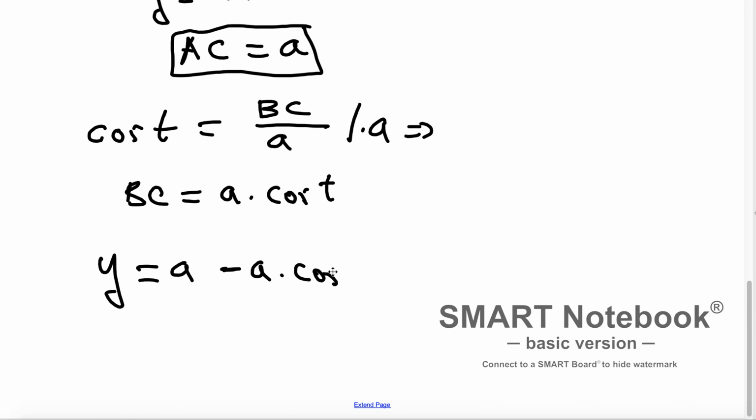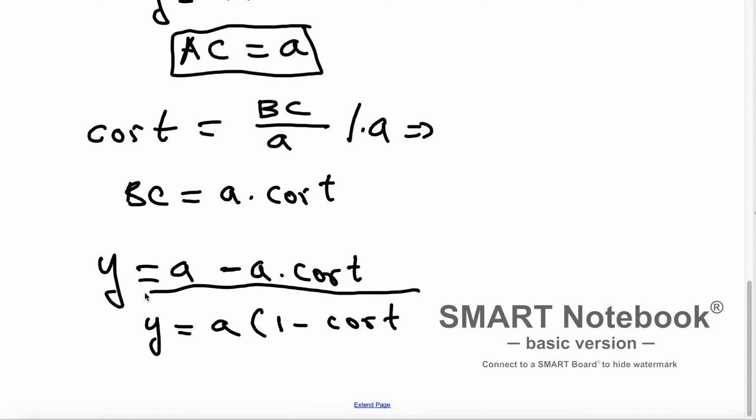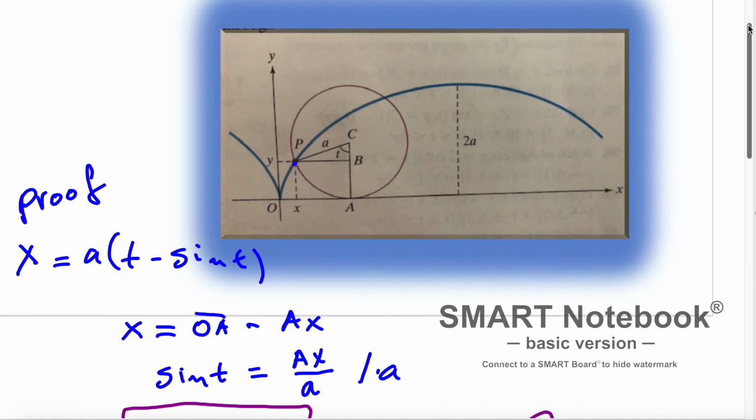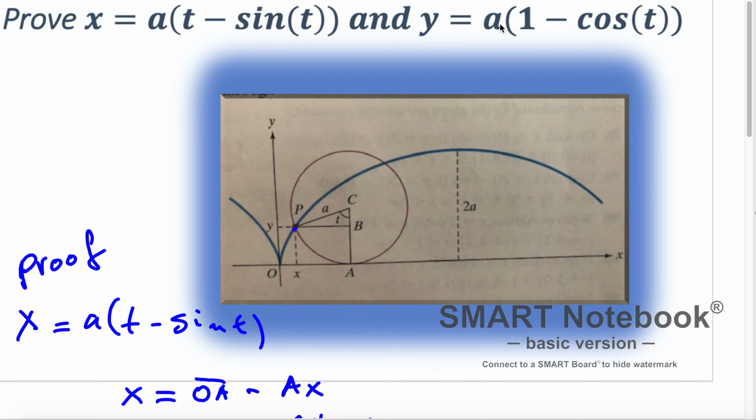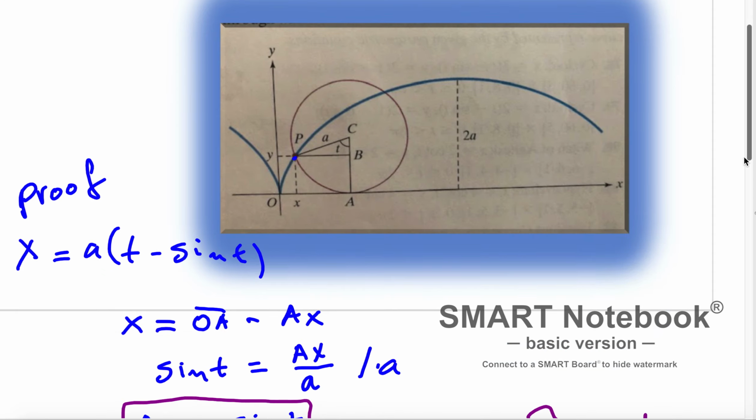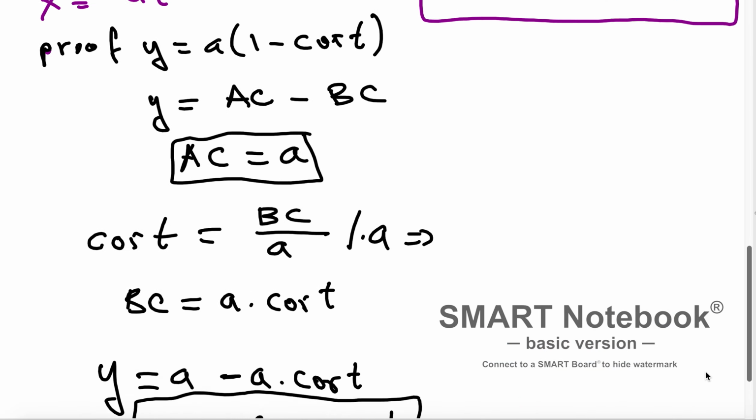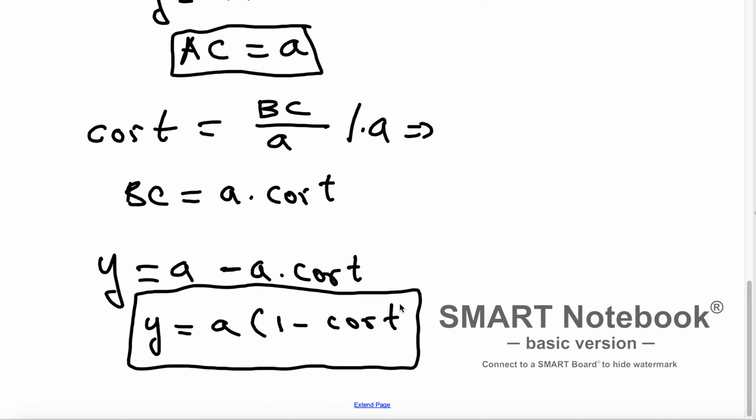Factoring a in front, we get a times (1 minus cosine t). So we have already proved the other parametric equation: y is equal to a times (1 minus cosine t).